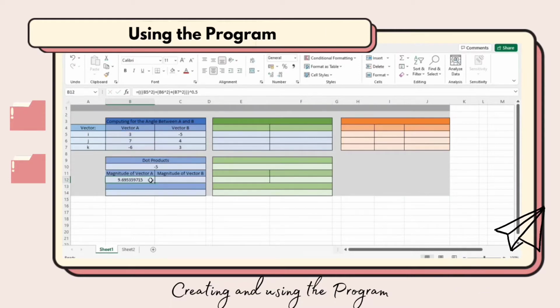As you can see, the magnitude of vector A is 9.69. For the magnitude of vector B, we can just copy and paste this.